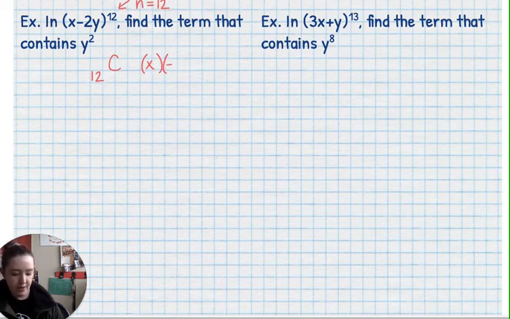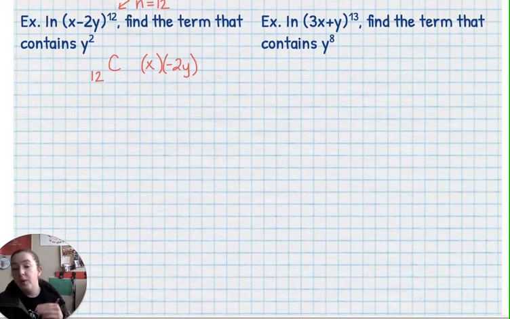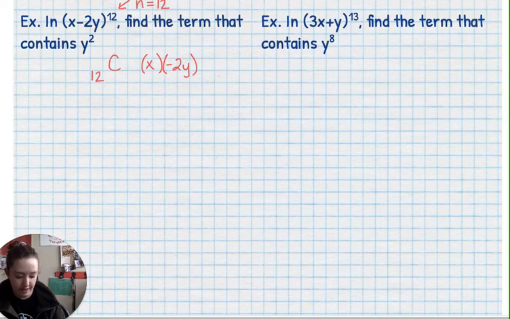And then we know that we also need to have negative 2y to some power. Now, since we want y squared, that means we want that negative 2y to be squared. Now, whatever the power is on my b term, so in this case, negative 2y, is what that r is going to be, right? So since negative 2y is to the second power, we're going to have n choose 2.